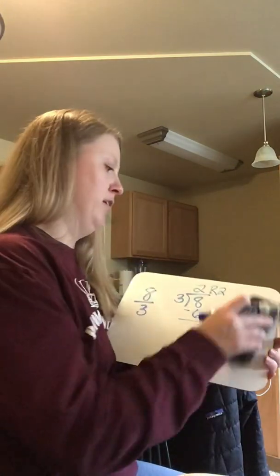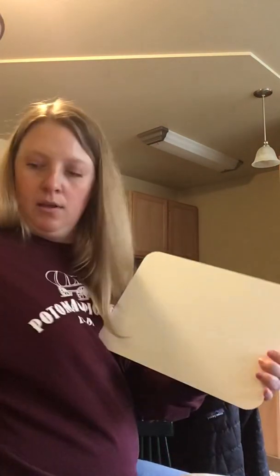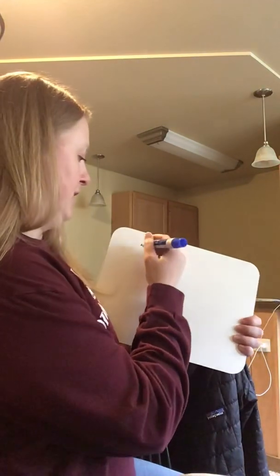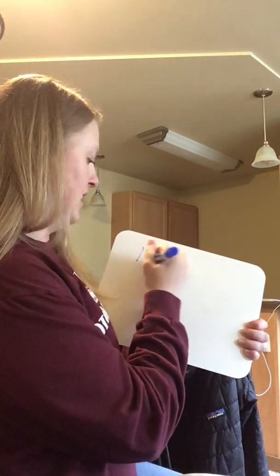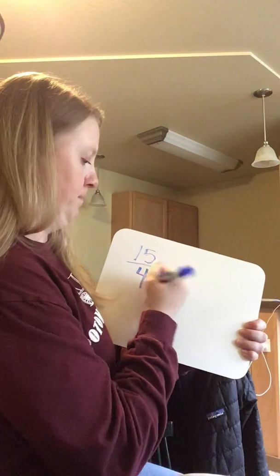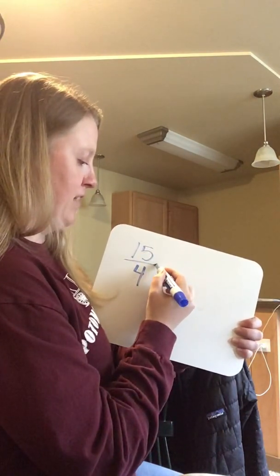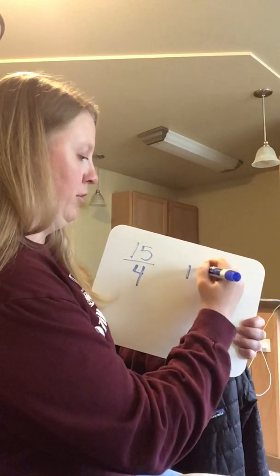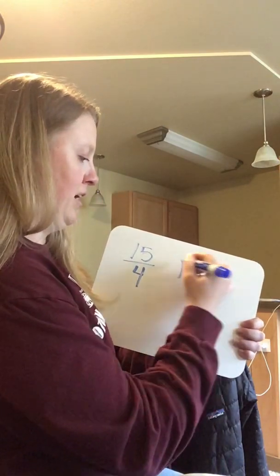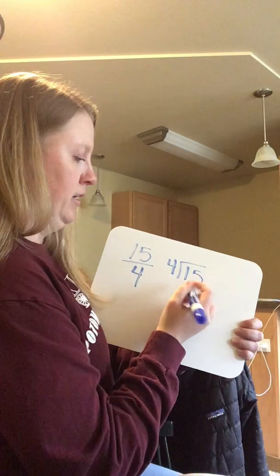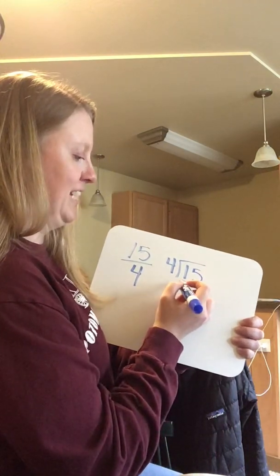Okay, let's do one more. Let's say they give us 15 over 4. Okay, so read top to bottom. 15 divided by 4. How many times can 4 go into 15?